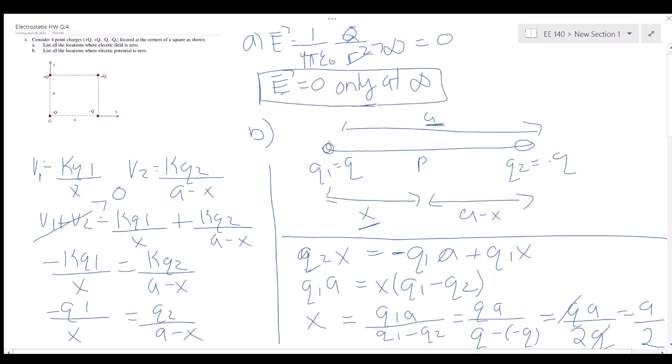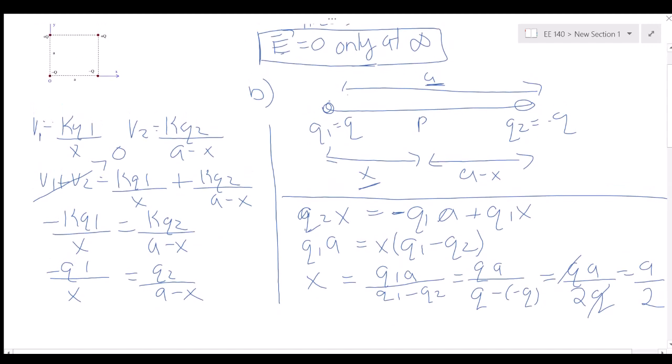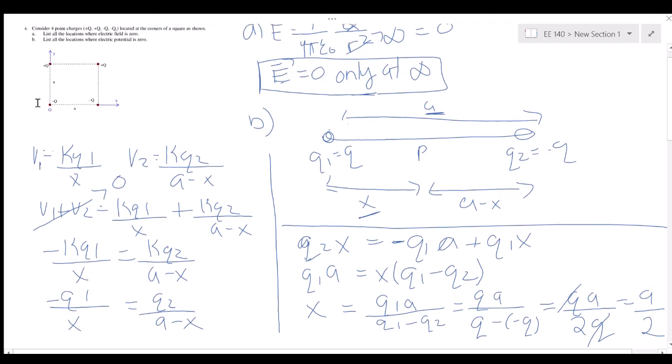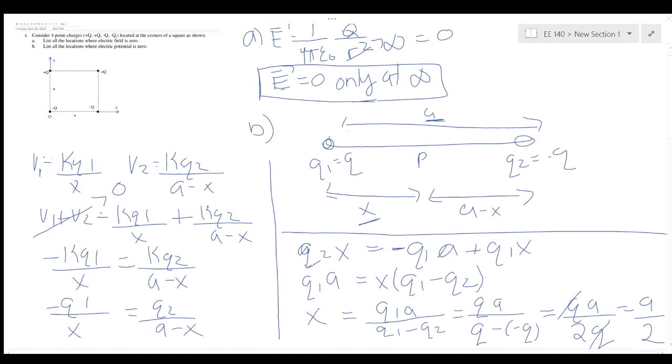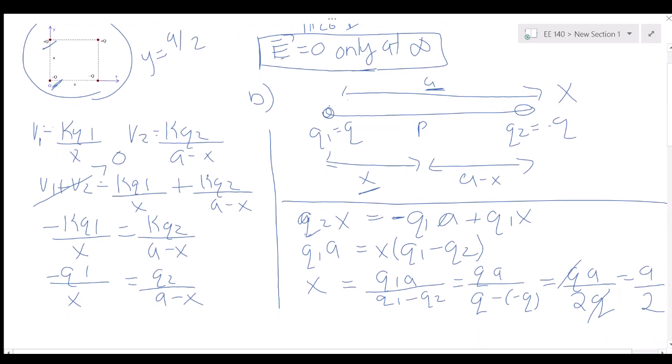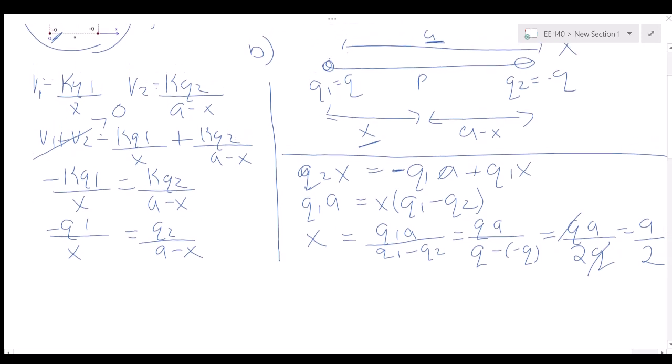According to this axis, it should be y is equal to A over 2, but I used x because I defined this as my x. But according to this figure right here, it would be y is equal to A over 2 because there would be a positive charge here and then a negative charge here. And that's 1 point.